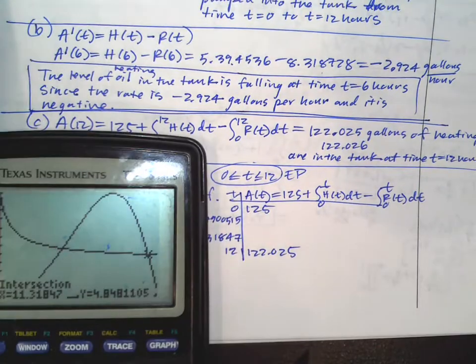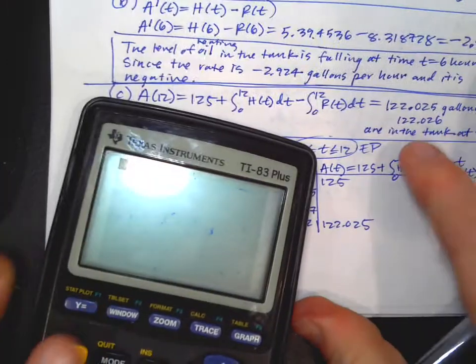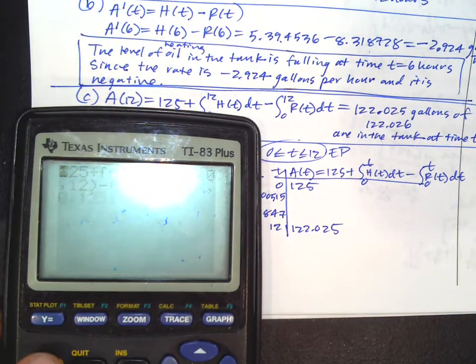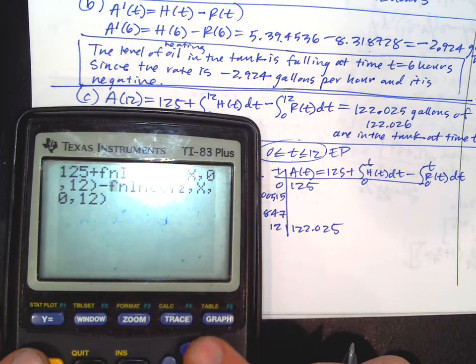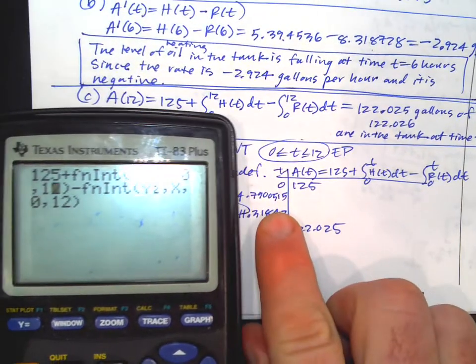I'm going to actually recall my calculation from part C and use it just to cut and paste. So that's it right there. What I need to do is go in here and change the 12 to 4.79.